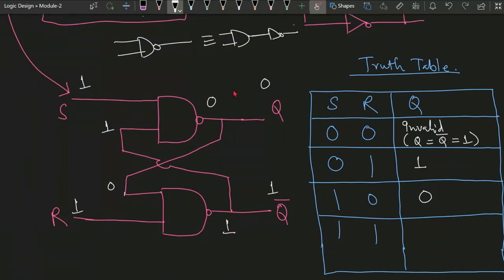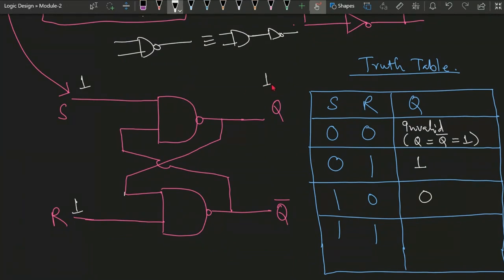So its meaning is if it is 0, outputs are valid because it is 0 and this is 1. So valid outputs are there. Means the initial Q value was 0, then next value is also 0. Initial value was 1, then the next output value is again 1 only. So in this case, whatever the previous value is, the same value is the next value.